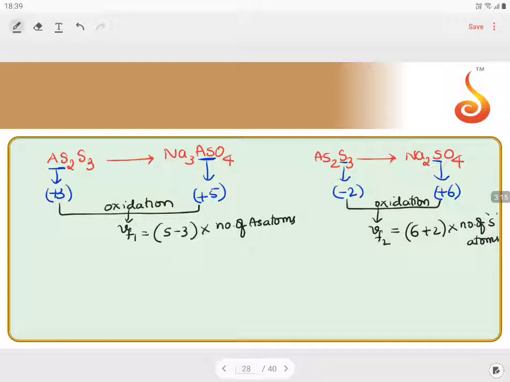Valency factor 1 will be 2 into the number of arsenic atoms, in this case 2. So 2 into 2 is equal to 4. Valency factor 2 is 8 into the number of sulfur atoms in the formula, which is 3. So 8 into 3 is equal to 24.